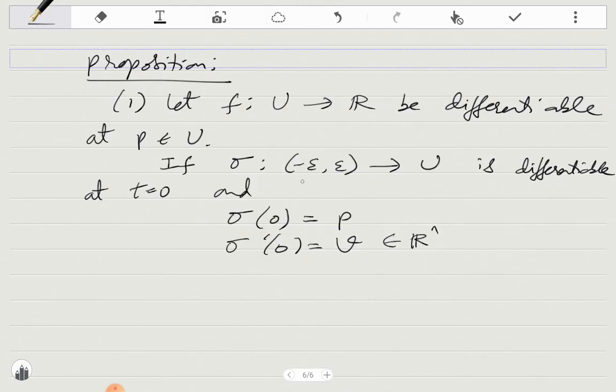Now, since the domain of sigma is an interval, this derivative that I am writing here is the usual derivative, as I already remarked in the beginning of this lecture. It is just the usual derivative of all the components of sigma.